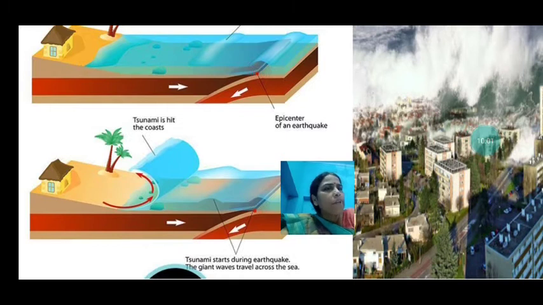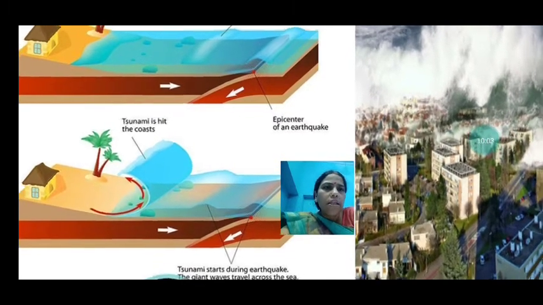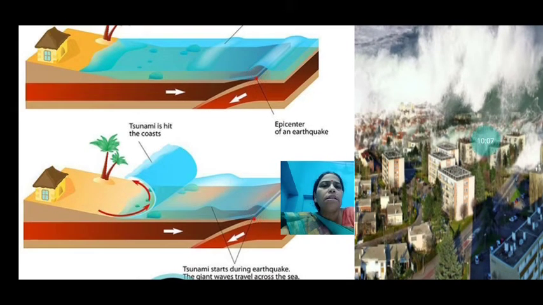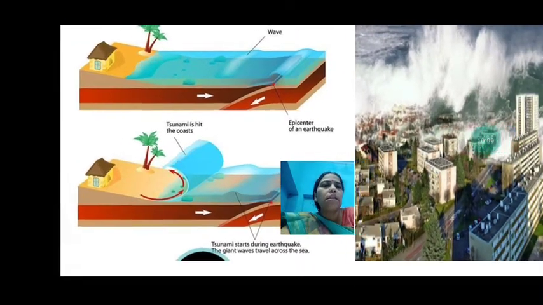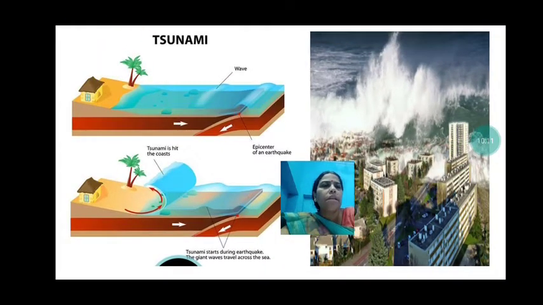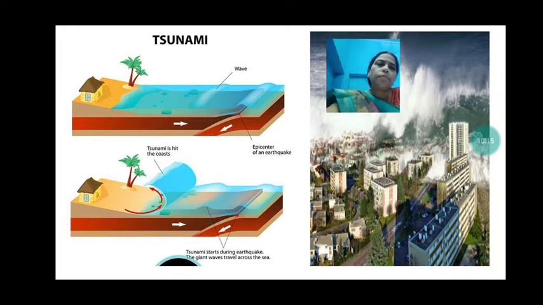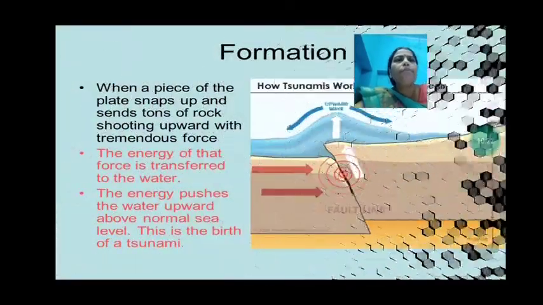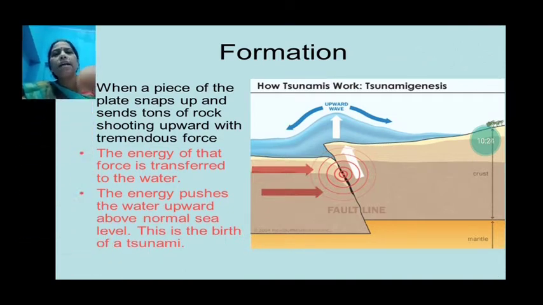It is the place from where the seismic waves start coming out. From here, the tsunami hits the coast. The waves take a gigantic form, and then they form the tsunami. Wait, one more picture. Come on, with this we will understand nicely.